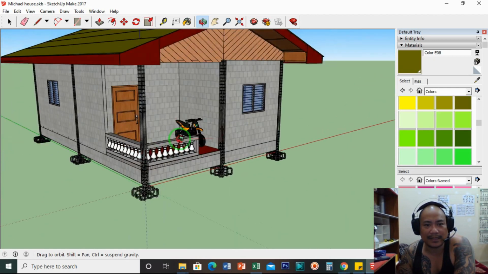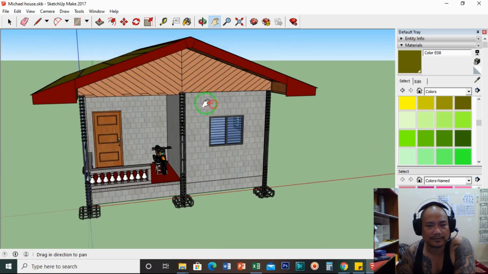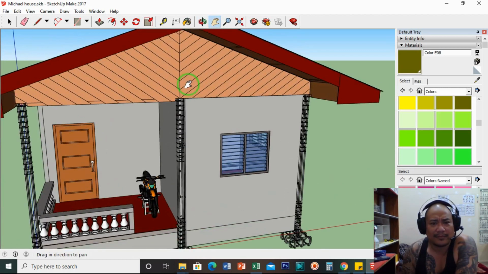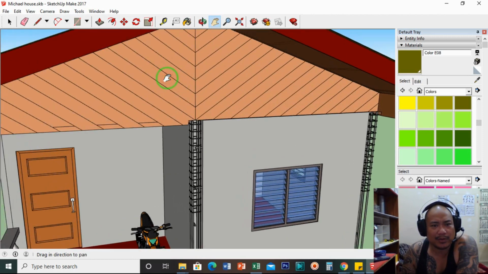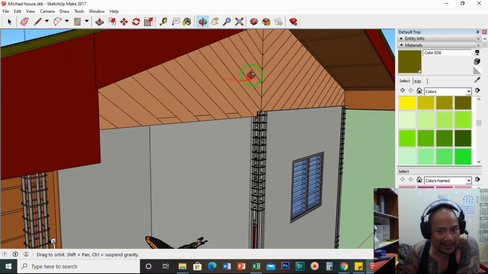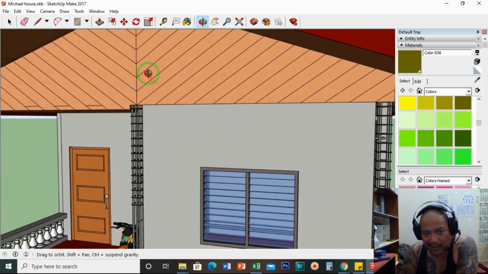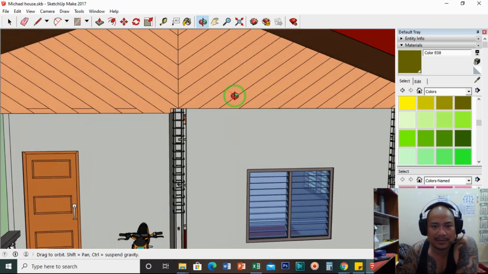So this is our house. This is my sketch for my friend's house. By the way, this part, we are planning to use coco lumber, at least 1 by 4 or 1 by 8 coco lumber. But my friend told me they have a lot of alcata there used for making pallets. So we will use that one.